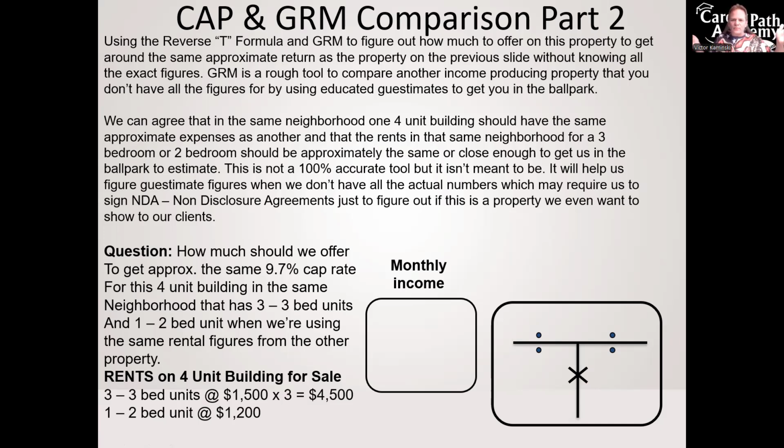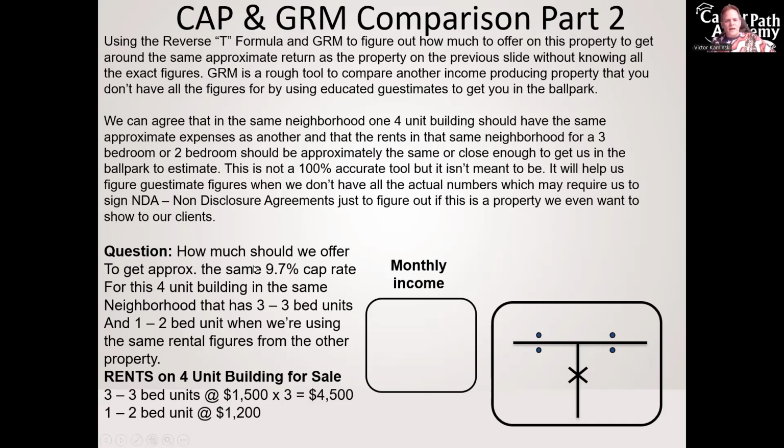What do 3 bedrooms or 2 bedrooms go for in this area? It should be approximately the same ballpark. This is not 100% accurate. Sure, those figures could be off a little bit, but it'll get us a good educated guesstimate to get us in the ballpark to know what the actual figures are, when we don't know what the actual figures are.